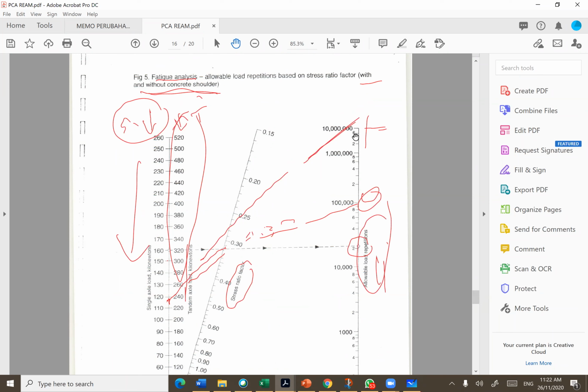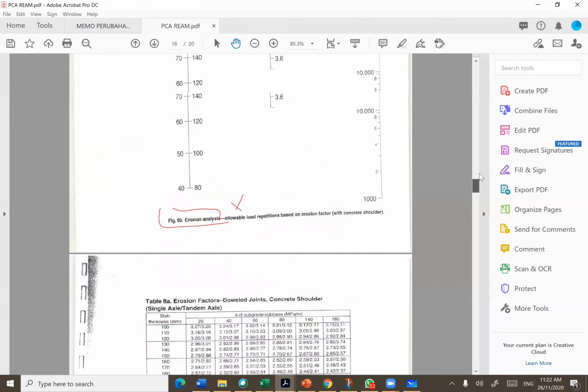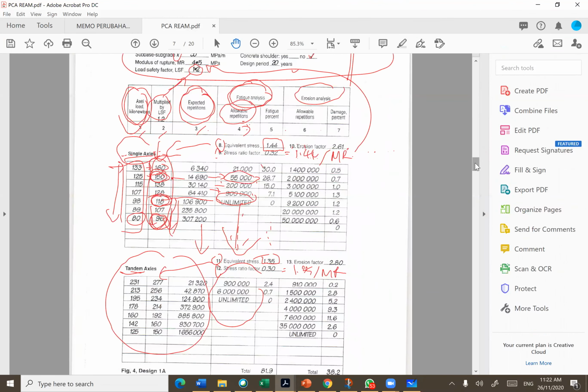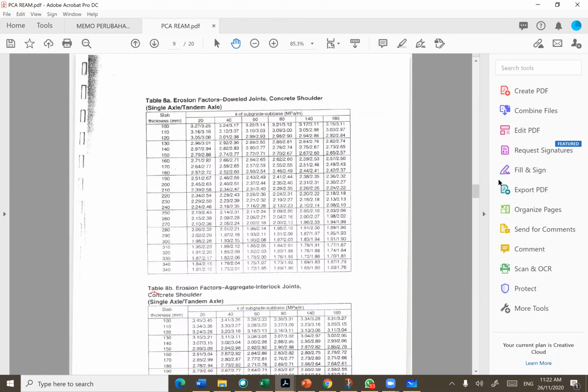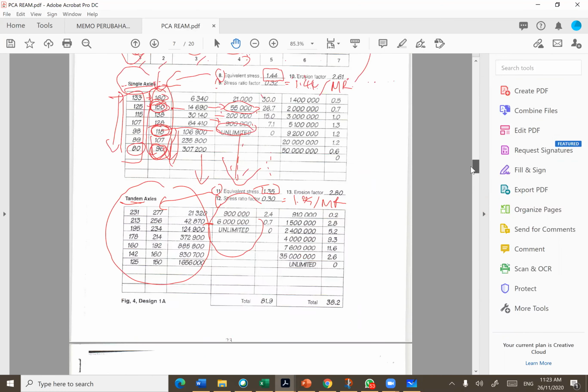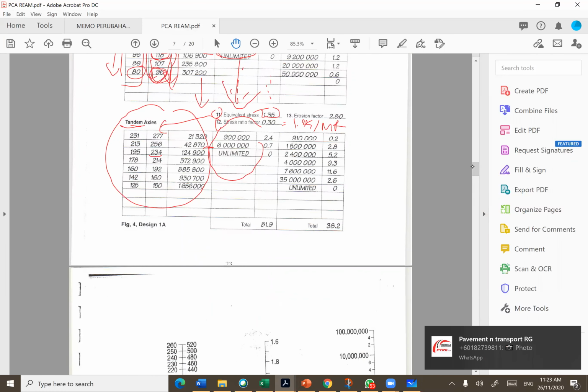Once it goes beyond outside the scale, that's where you say that the value has gone to unlimited, and you stop. So for tandem, they stop at 256, because 234 also has gone to unlimited.